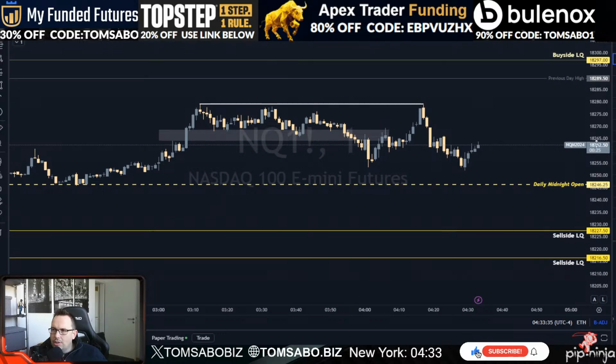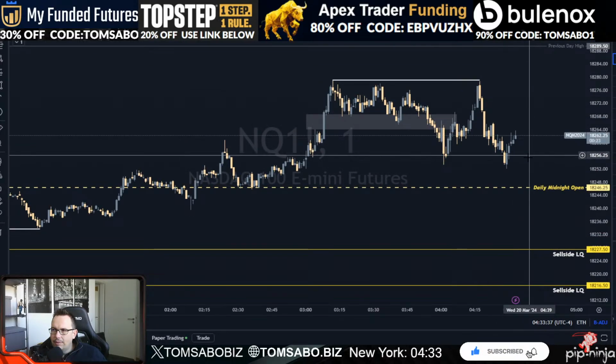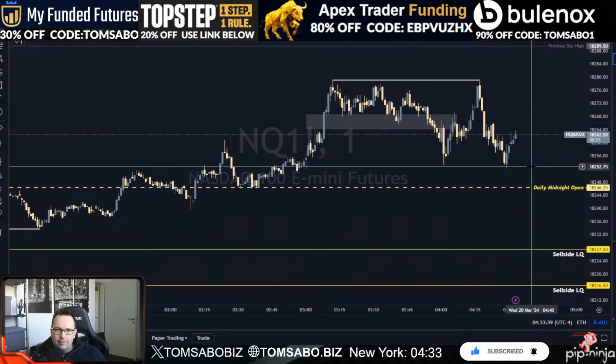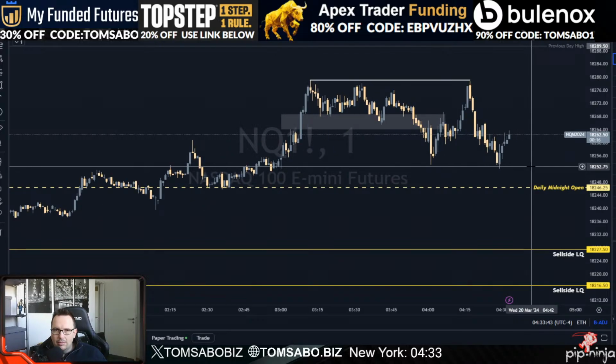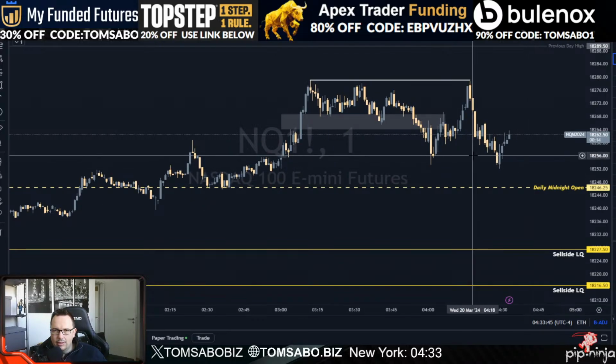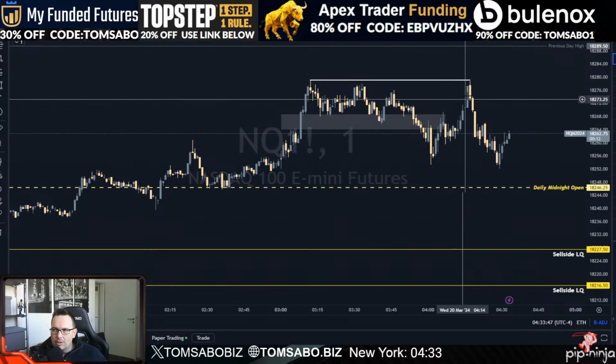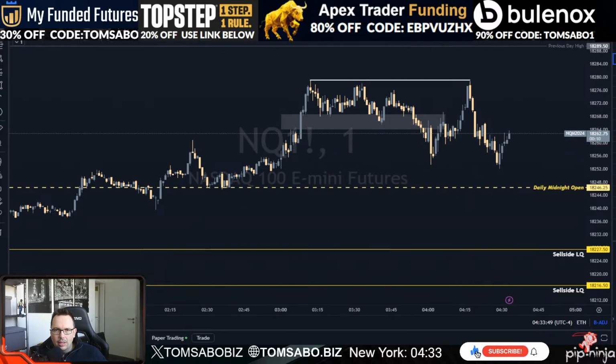No confirmation, no displacement. It's not clean. So it can just easily continue to dump. This was a sharp reversal from here, but, you know.